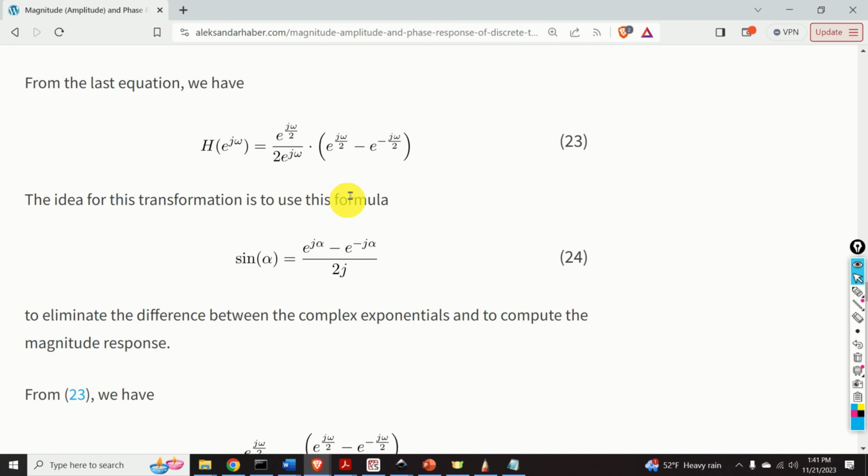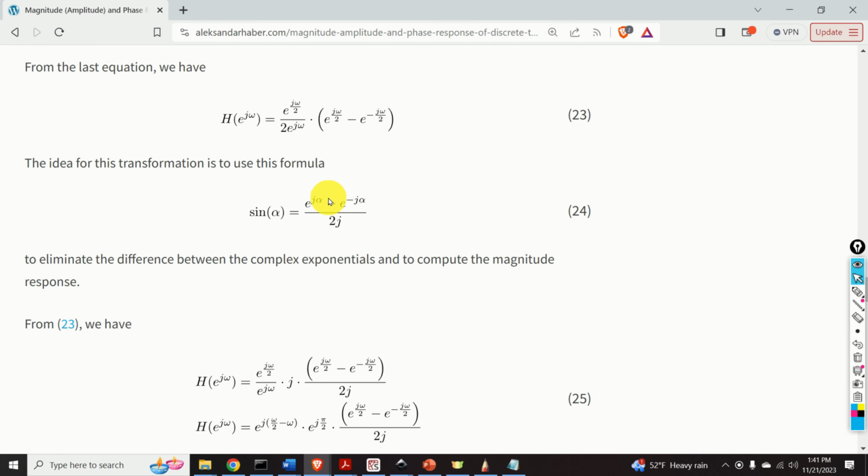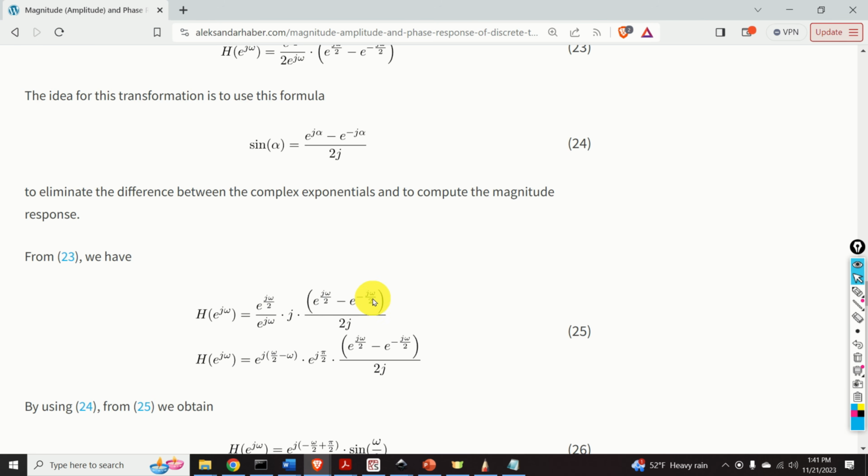So let's use this formula. To use this formula, we will simply do the following. We will transform this expression such that it looks like this. Consequently, I will divide by 2j. Since I'm dividing by 2j, I have 1j over here, and actually I took this 2 from over here. Then I obtain this expression.